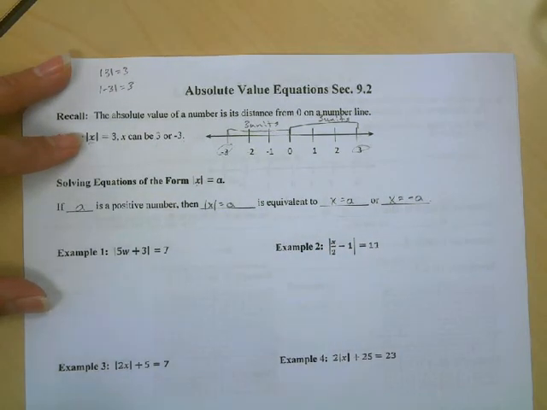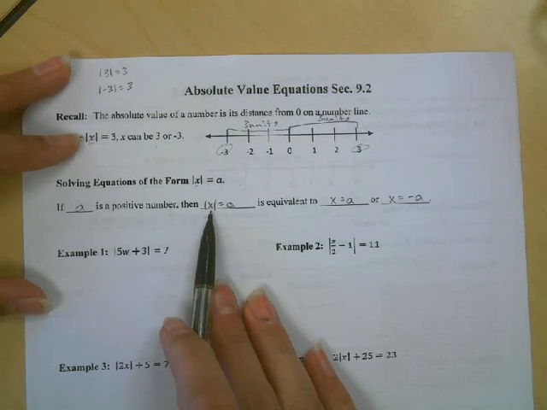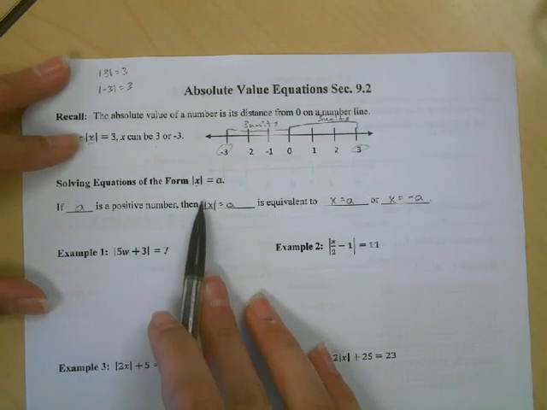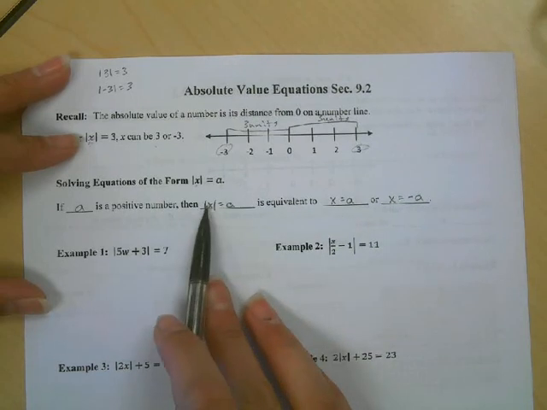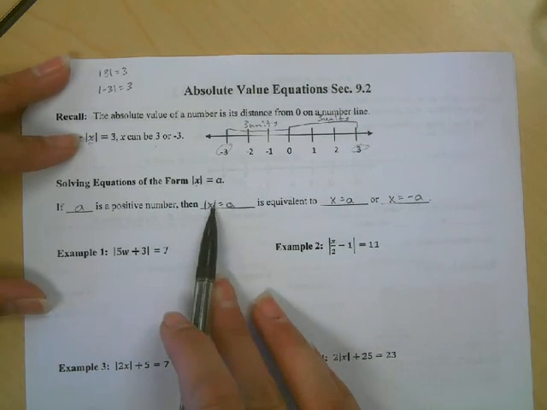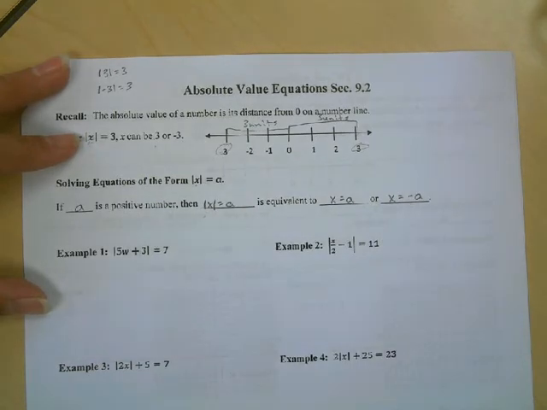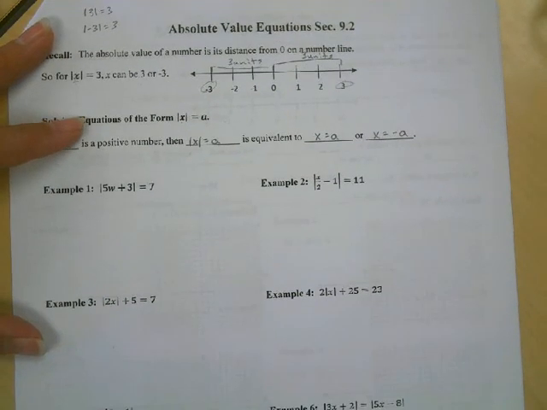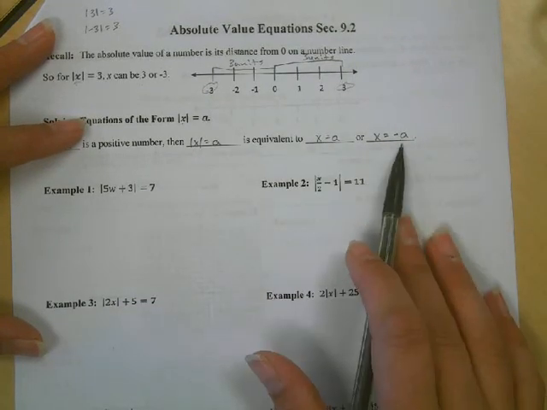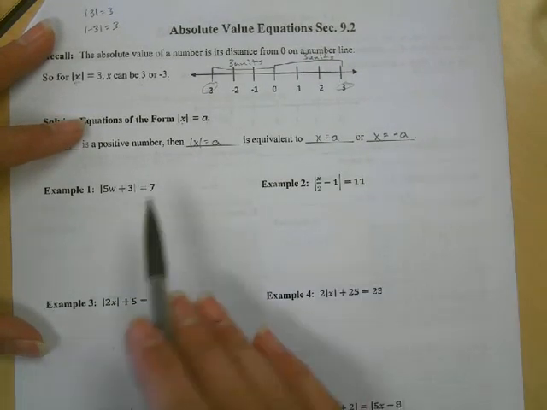Same reason: the absolute value of positive a is a, so x could be a. And the absolute value of negative a is also positive a, so x could be negative a as well. That's basically what we're looking at with absolute value equations. You're going to end up with these two different solutions because the inside could be positive or negative.